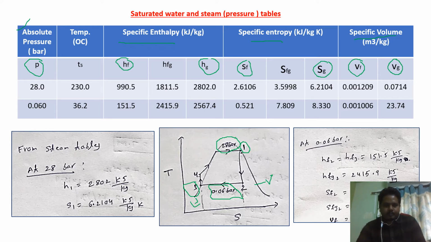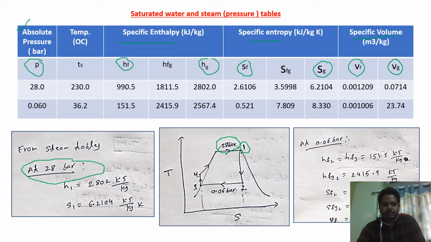Okay, now let us see. In the problem, 28 bar is the pressure of the steam before entering the turbine, that is point 1. At point 1 the pressure is 28 bar. At 28 bar we have to see the values: what is the specific enthalpy at point 1 and the specific entropy at point 1.